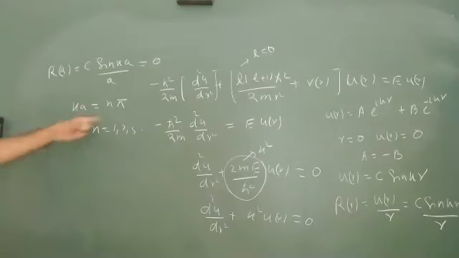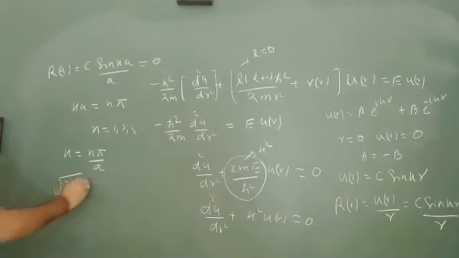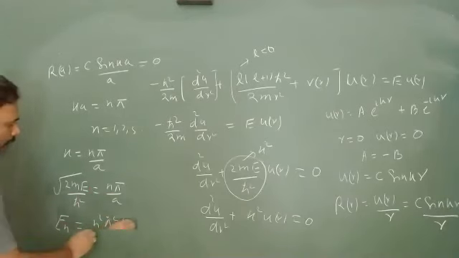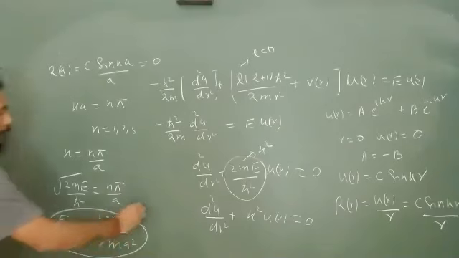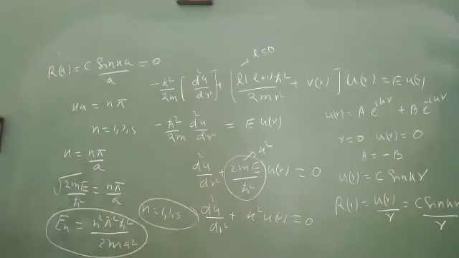From here you can get the value of k, and you can say they are quantized, and inside k you have energy. So 2mE upon ħ² is (nπ upon a)². So you can get E_n is equal to n²π²ħ² upon 2ma², where n is equal to 1, 2, 3, and so on. Simple, just like a particle in a box.